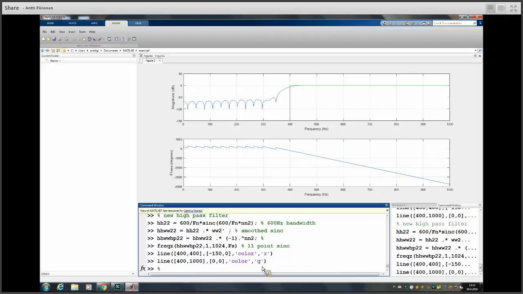And now basically the last part would be, how about that band pass filter? Band pass you will do with the modulation, band stop you do with the addition.